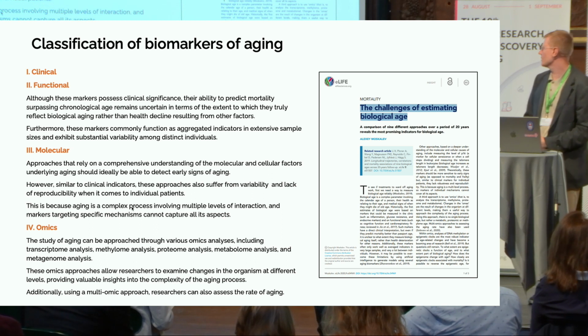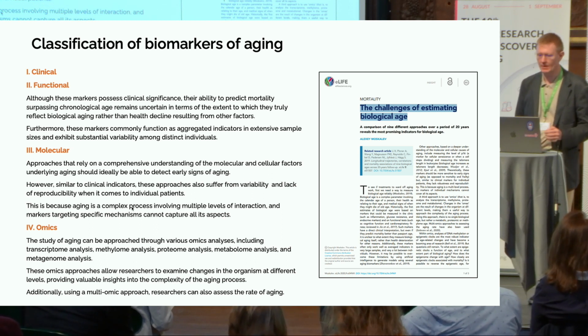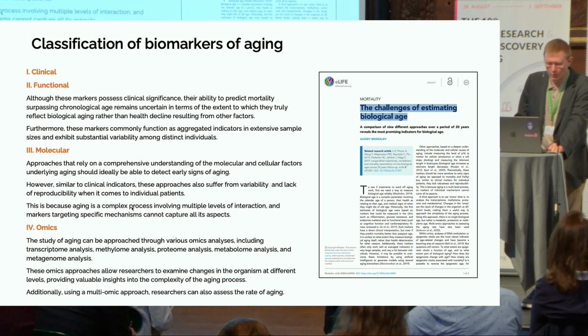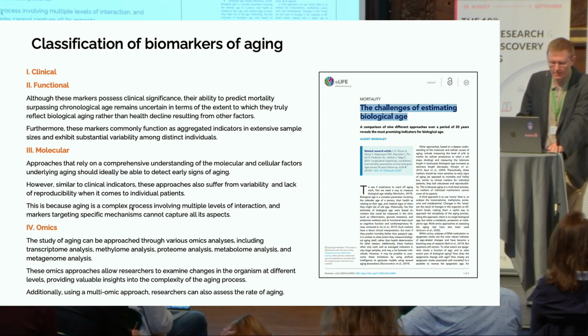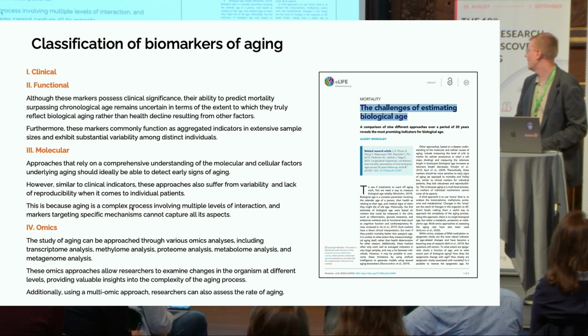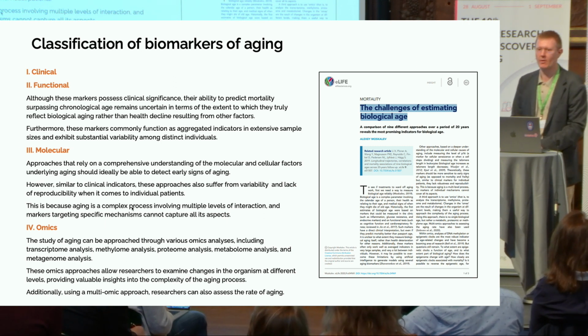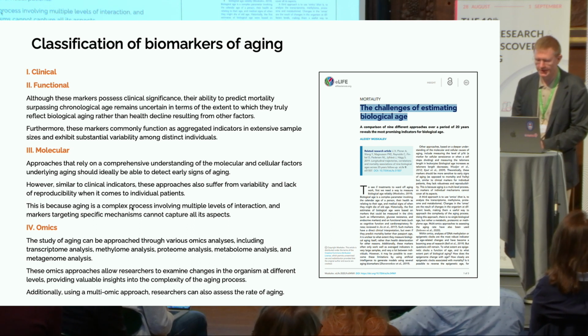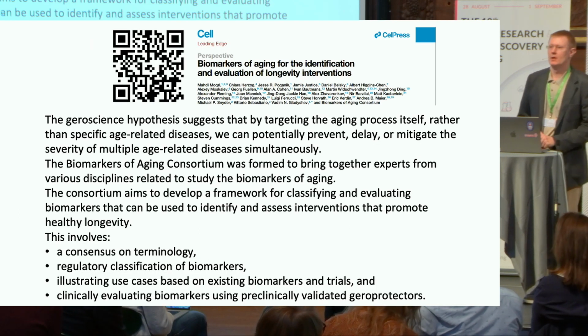And the more promising could be omics biomarkers, including transcriptome, methylome, proteome, metabolome, metagenome. These omics approaches allow us to examine changes in the organism at different levels, providing valuable insights into the complexity of the aging process. And additionally, we could use a multi-omics approach, combining different omics.